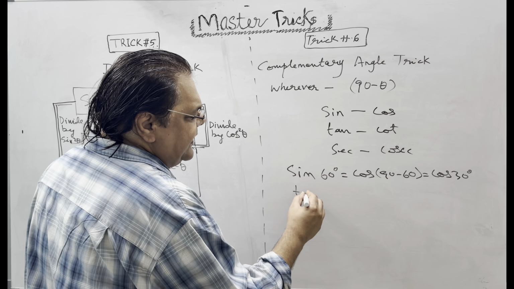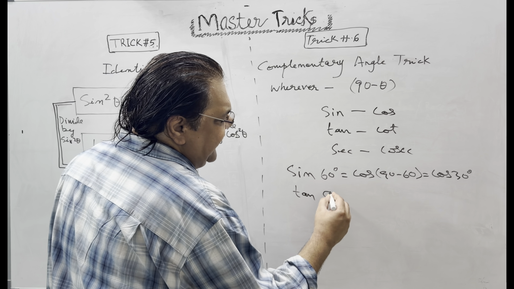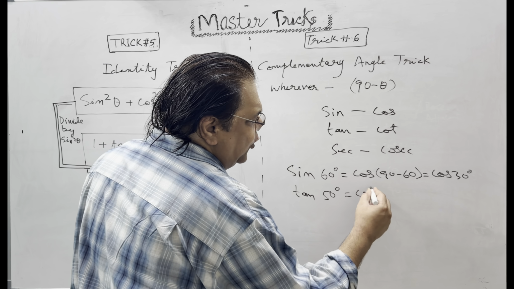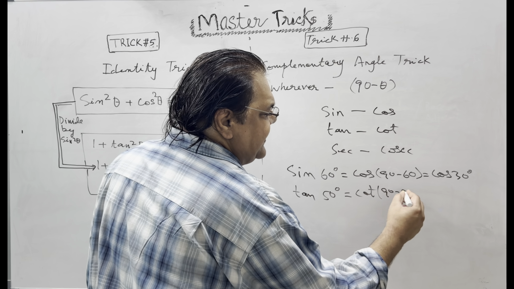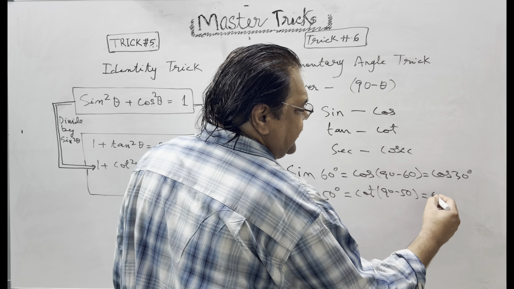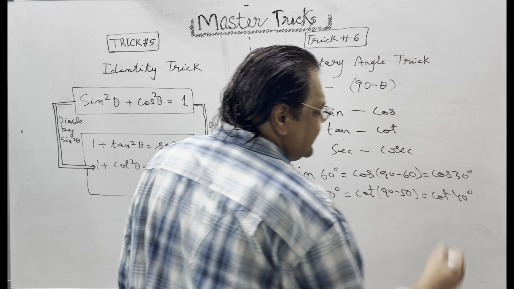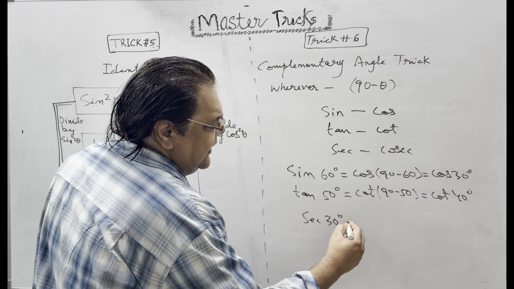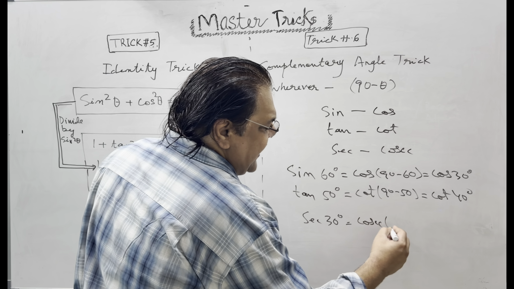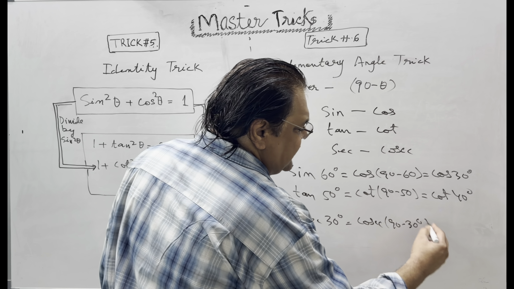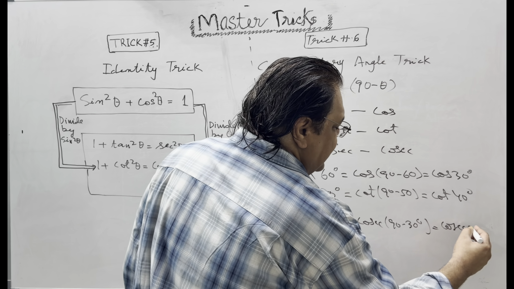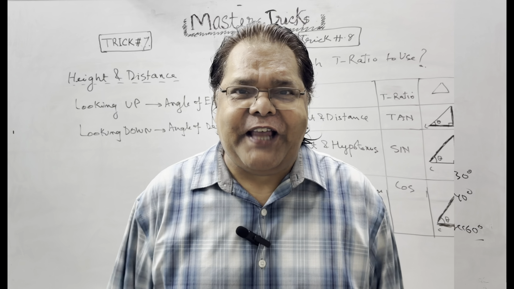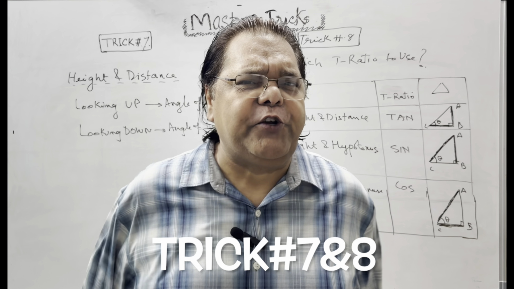Or you can take tan 50 degrees is equal to cot 90 minus 50 degrees, which is equal to cot 40 degrees. Or you can take sec 30 degrees is equal to cosec 90 minus 30 degrees, which is equal to cosec 60 degrees.